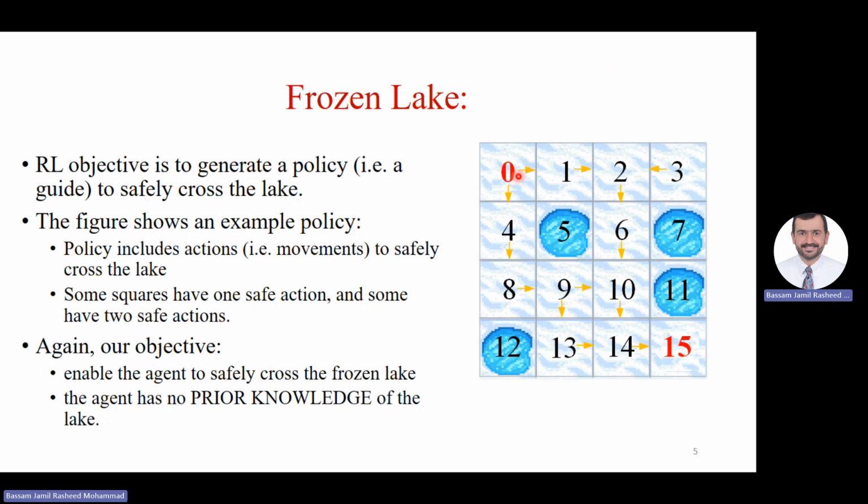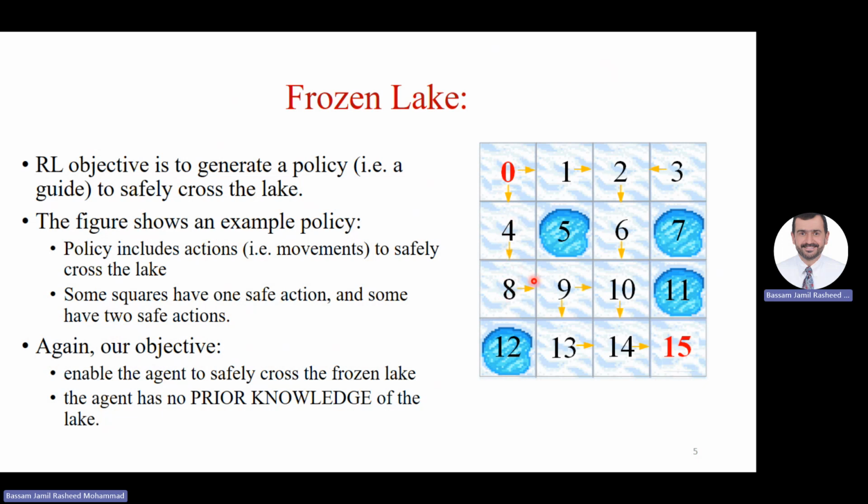Now, the policy here basically gives me directions. If I'm in the starting point, the S here, I could go to the right, or I could go down here. If I'm at square 4 here, obviously I can go up, but that's not optimal. The optimal for me is to go down.